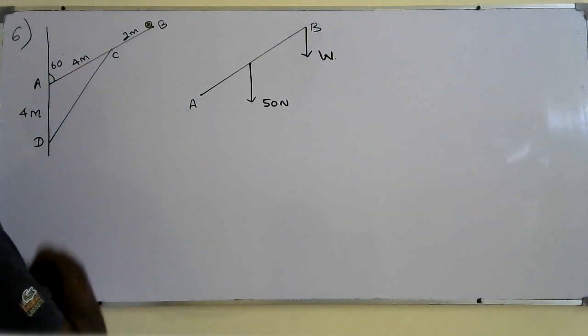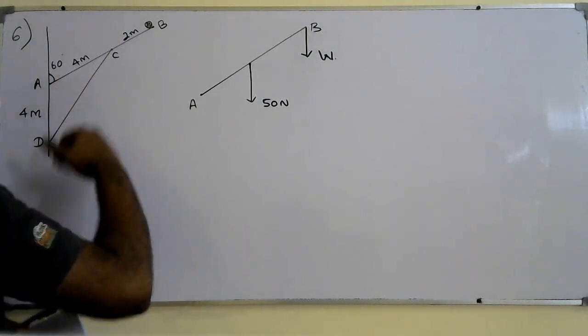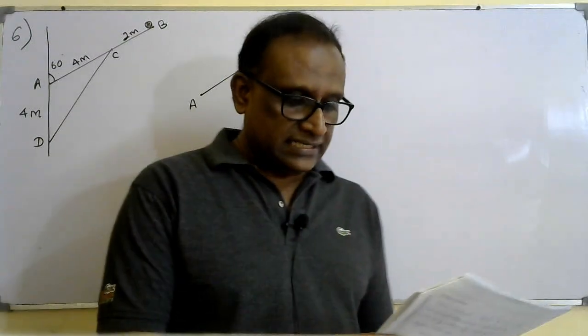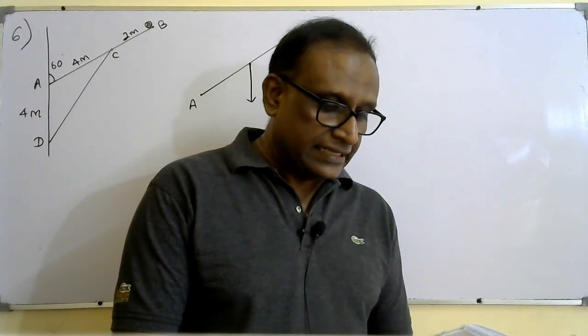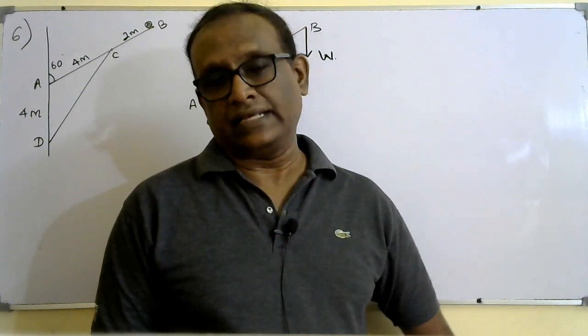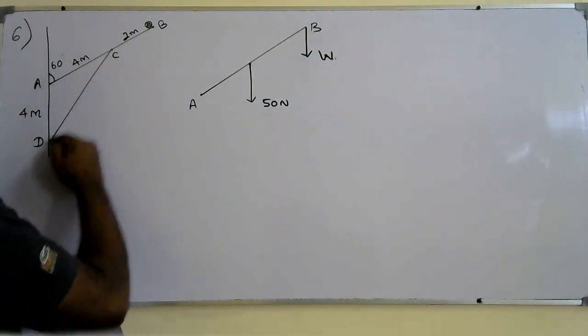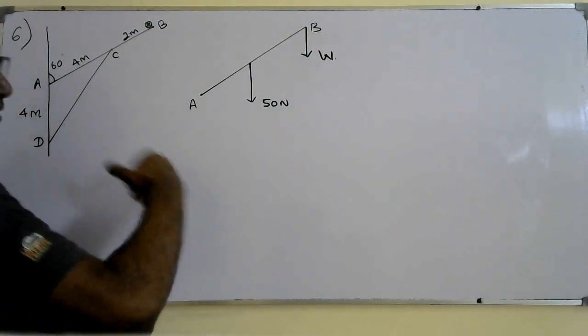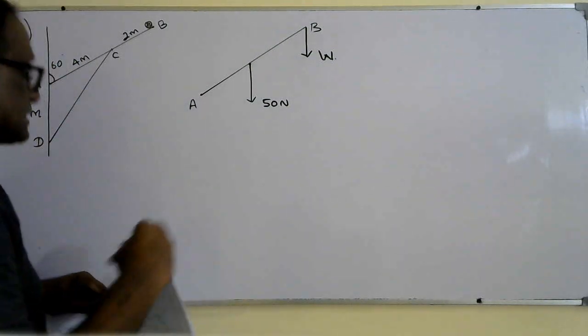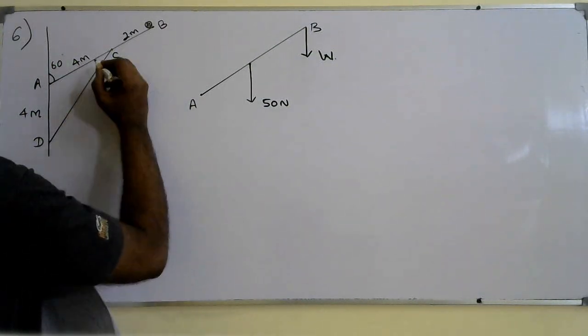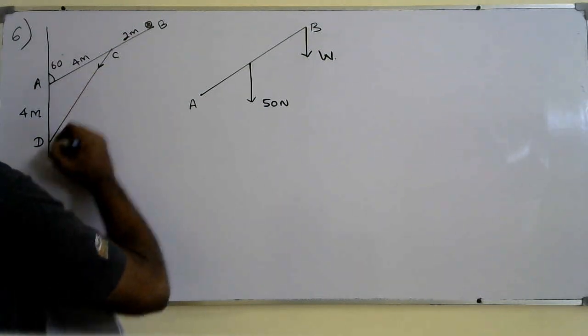And the light rod DC has a thrust, given that the thrust in the light rod is 60 root 3. So that means the pole AB will compress the light rod DC. So the compressive force exerted by AB on DC will be along this direction on DC.